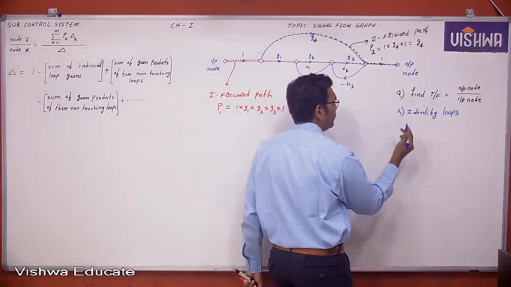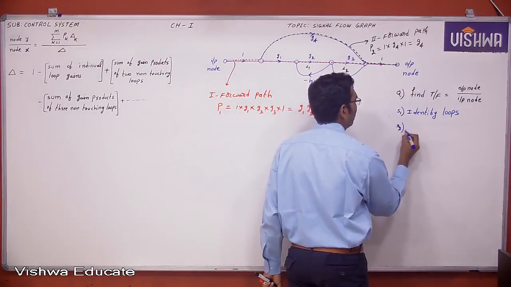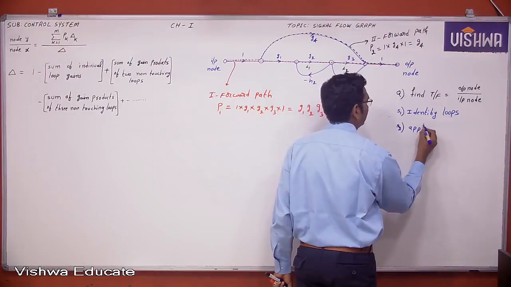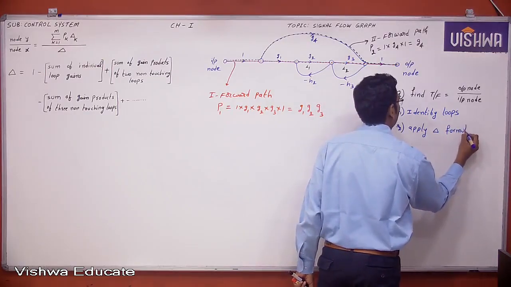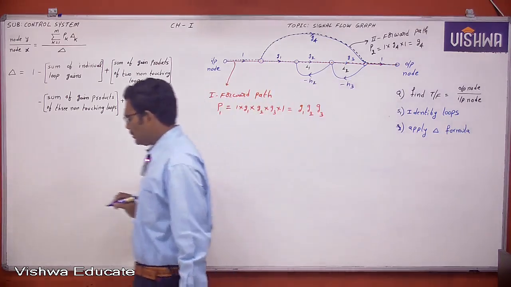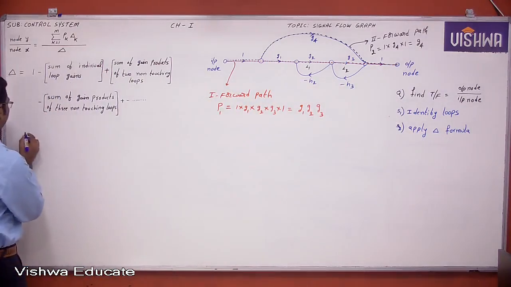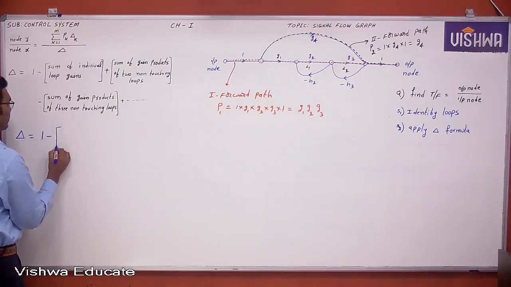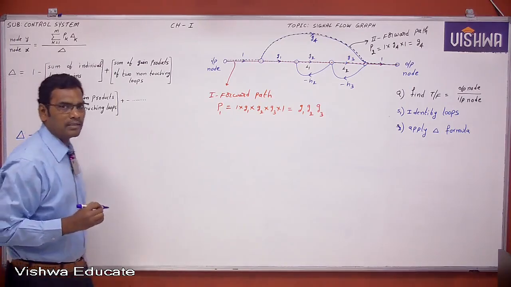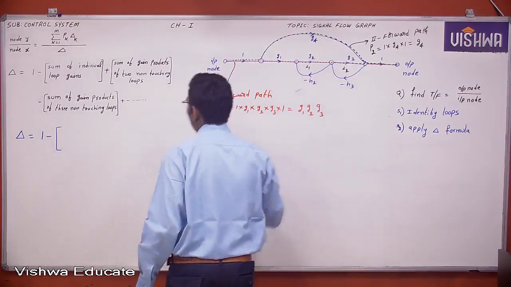So step 1 is identify loops, and step 2 is apply the delta formula. So what is delta here? Delta is equal to 1 minus the sum of individual loop gains. What is the sum of individual loops? L1, L2.